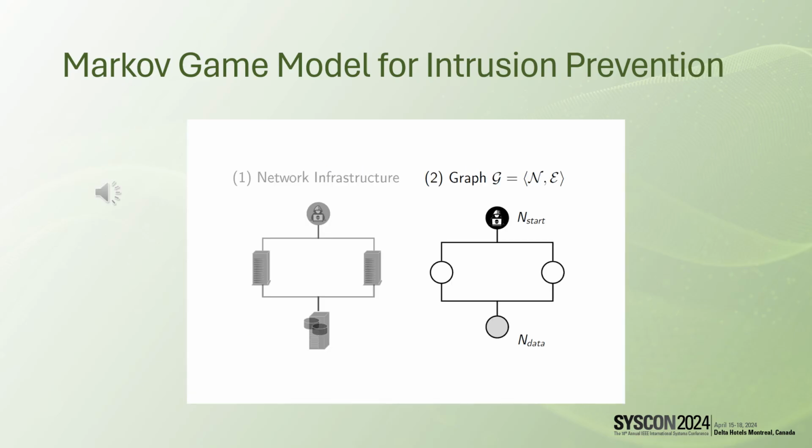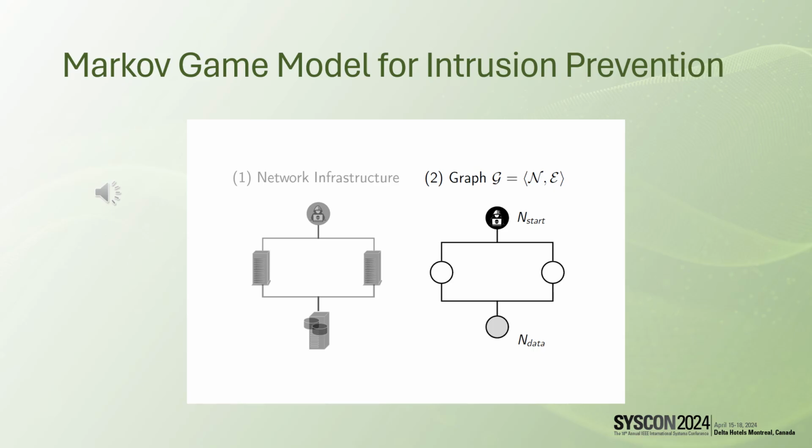These slides present a continuation, the second part of the presentation of the Markovian game model for intrusion prevention. This section introduces a graph model as part of the system. Graphs, represented by G, which is equal to (N, E), where N is the set of nodes and E is the set of edges, are a common mathematical abstraction used to model relationships and interactions in the network in the context of intrusion prevention.